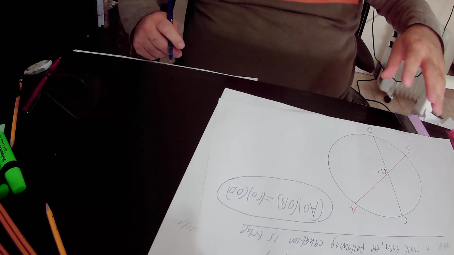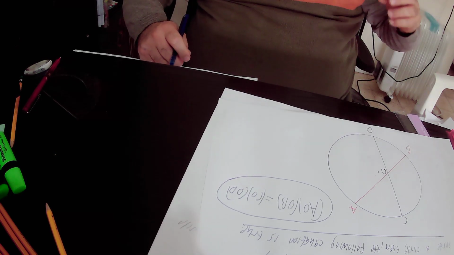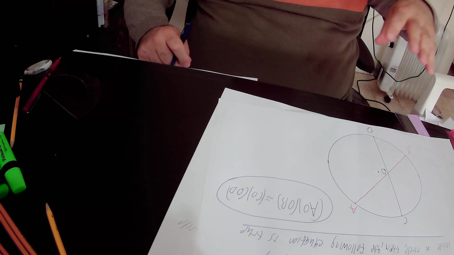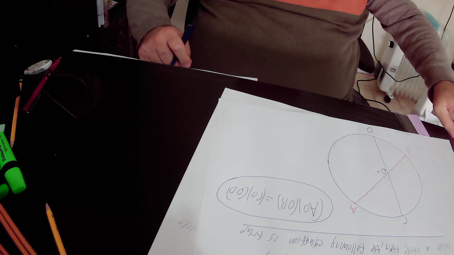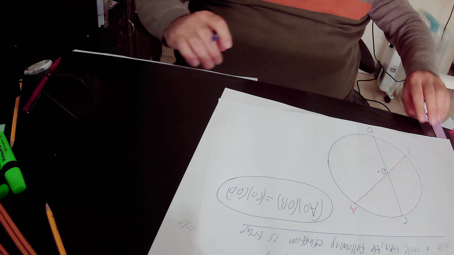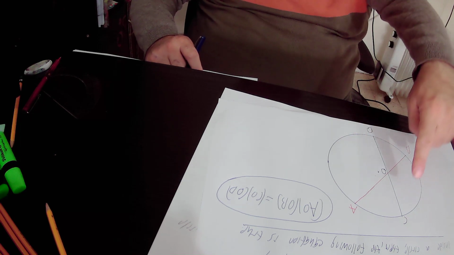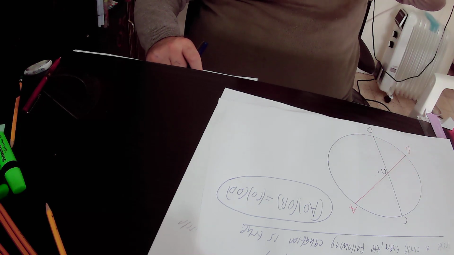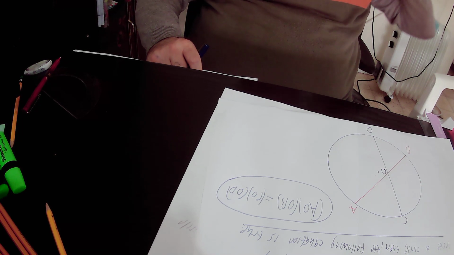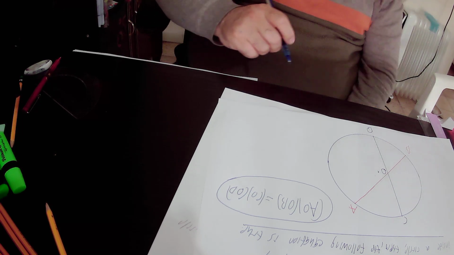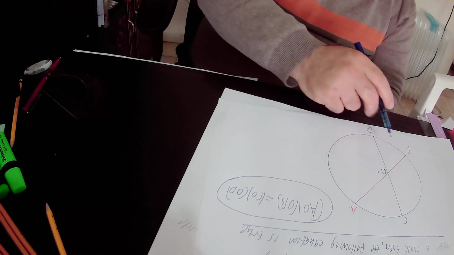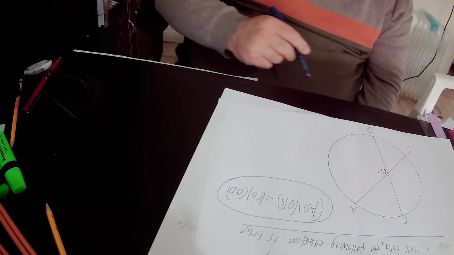If we have a circle and two chords that intersect with each other inside this circle, that is to say, chord AB intersects with chord CD at point O, point O being the intersection point of those two chords, then according to rule number 1, AO times OB equals CO times OD.